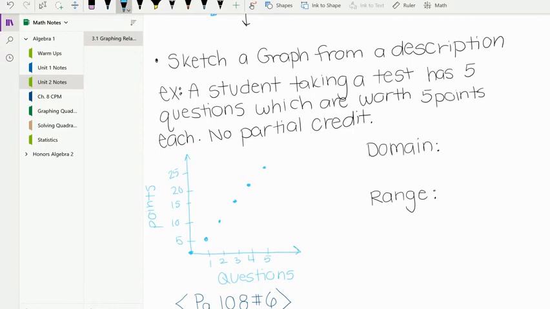When we have a discrete graph for the domain and range, you actually have to list them. So for example, the domain is all possible X values, which is 0, 1, 2, 3, 4, 5. And for the range, all possible Y values, which is 0, 5, 10, 15, 20, 25. So again, range is all possible Y values.